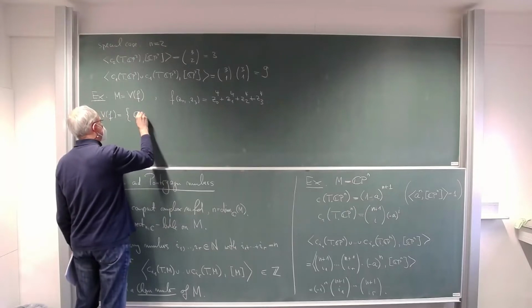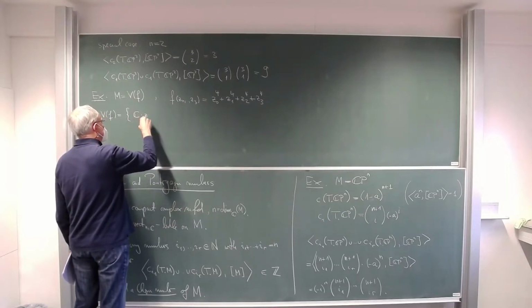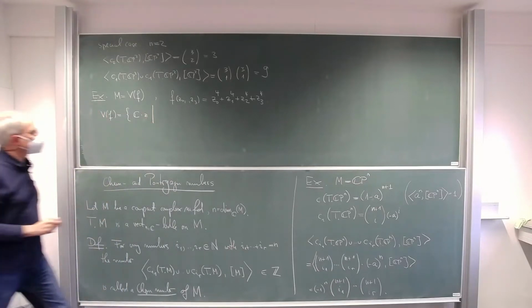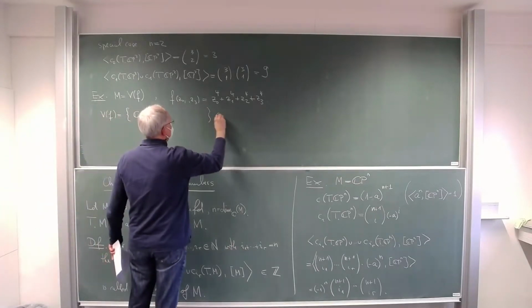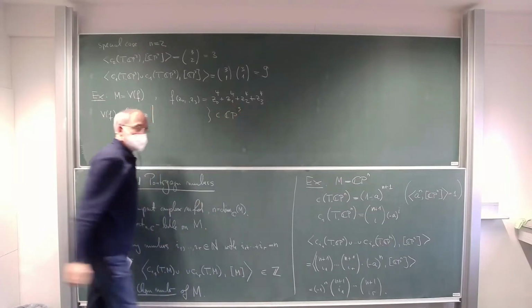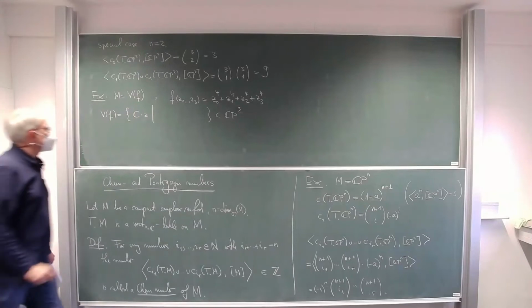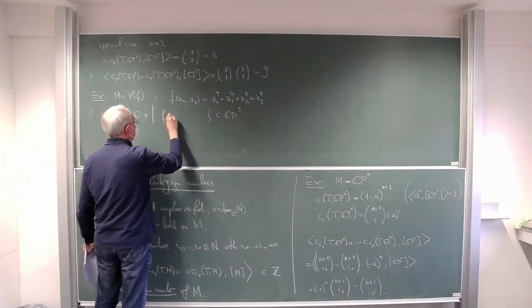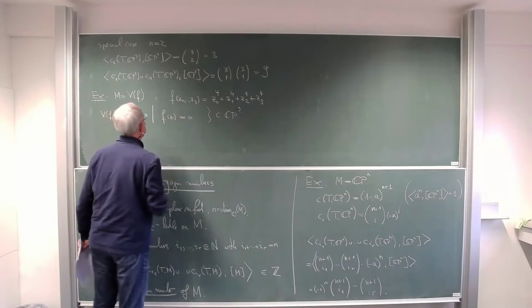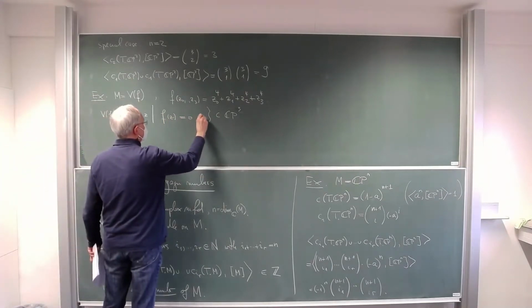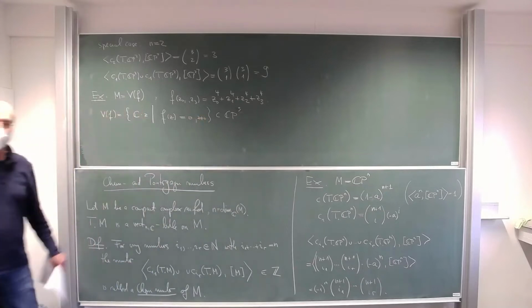The line is given as C times Z, where Z is an element in C4. So that whole thing will be contained in CP3. So it will be lines in C4, and it's the lines that satisfy this equation. And of course, Z is not equal to 0, otherwise it wouldn't span a line.